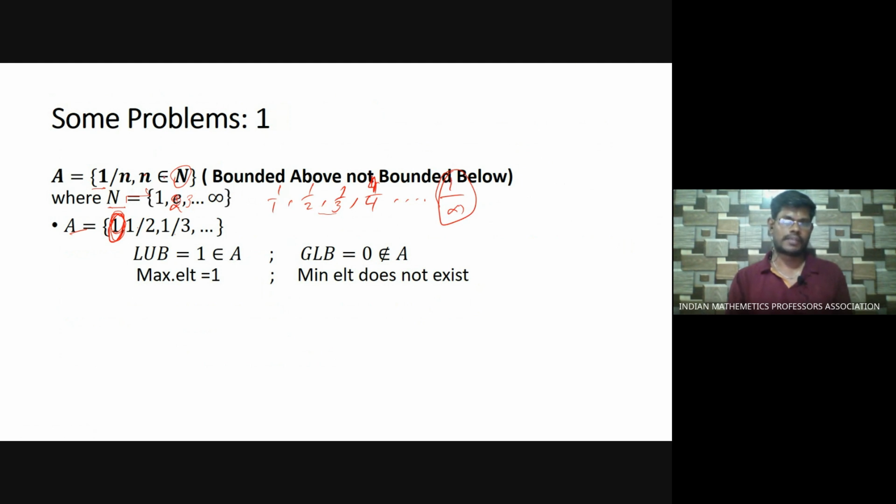Based on this, the least upper bound is equal to 1, which belongs to A. And the greatest lower bound is 0, which does not belong to A. That's why this is bounded above, not bounded below. The maximum element is 1 and the minimum element 0 is not in our set. I hope this problem is understandable.